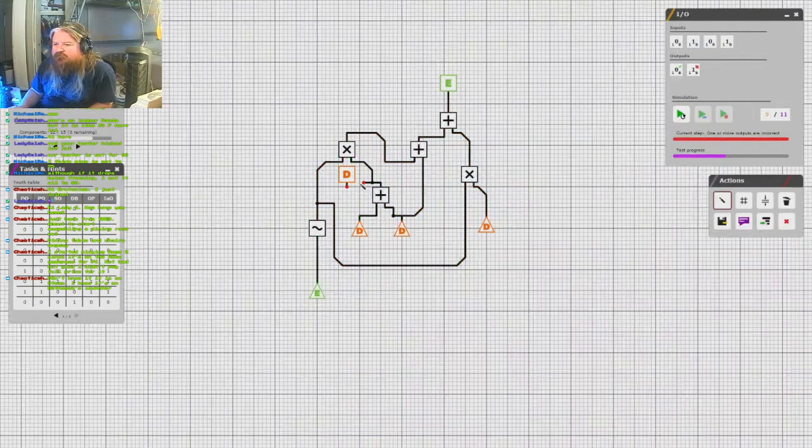Alright. Just trying to save an AND gate, but I don't think I can.